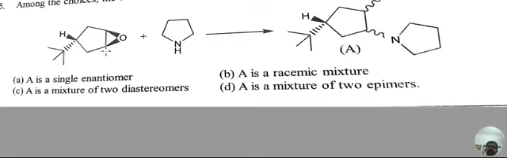So there is no hindrance from the tertiary butyl group here, and since it is a cyclopentanone ring, we can have NH approaching downside like this or upside like this. So we can say it can give both products, so it will be a racemic mixture.